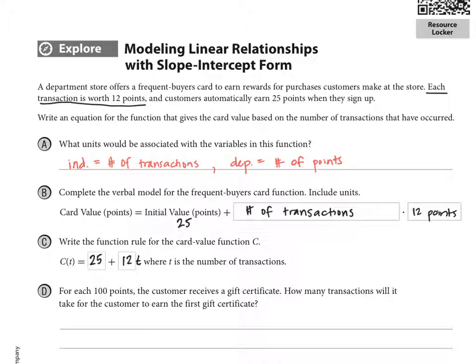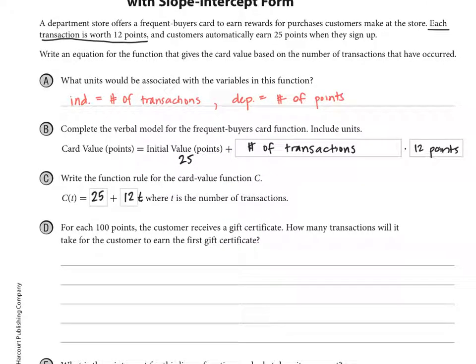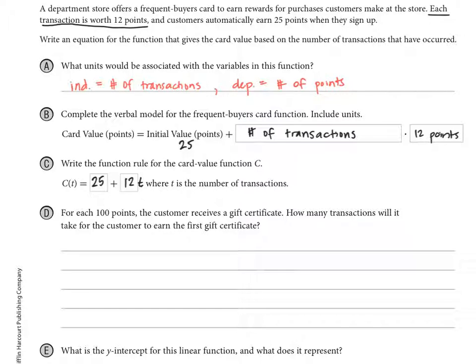So for each 100 points, the customer receives a gift certificate. How many transactions will it take for the customer to earn the first gift certificate? So one way we can do this is an old-fashioned guess and check.